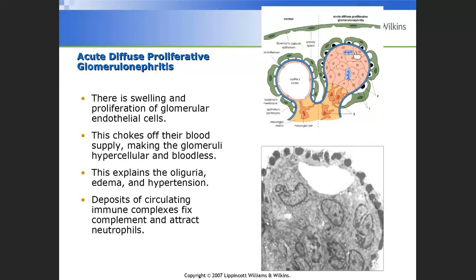But you also see these right here, which are neutrophil, neutrophil, neutrophil. So this is the electron micrograph, maybe 10,000 magnification. So in this post-strep or acute diffuse, similar thing: C3 or C4 will be low.